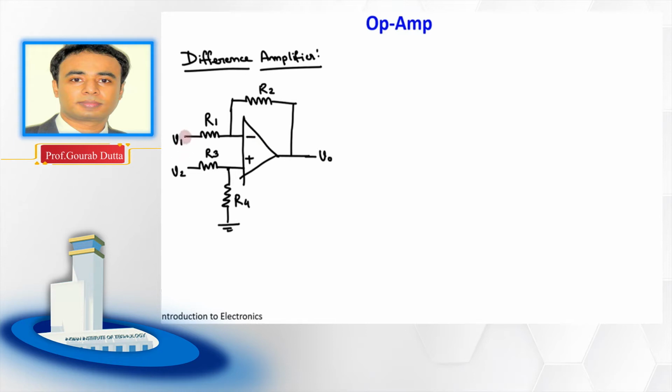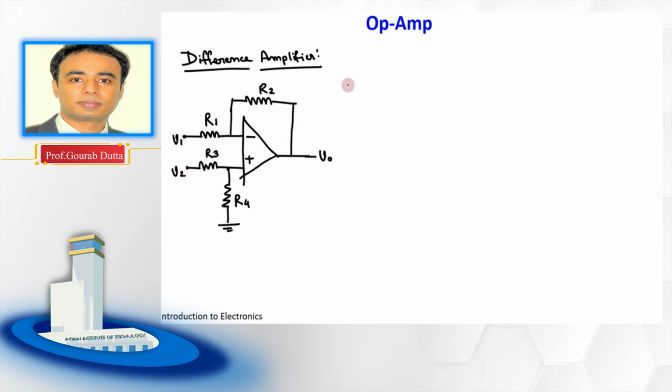So how to start? First thing is that you can see here, there are two signal sources, V1 and V2. So probably we can use superposition, right? Then we can analyze one signal at a time, keeping the other signal as ground, or zero, right?